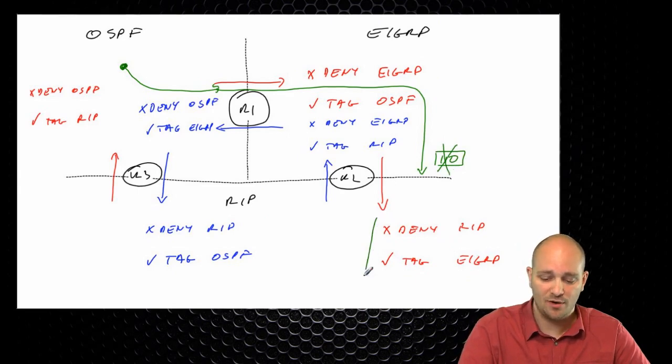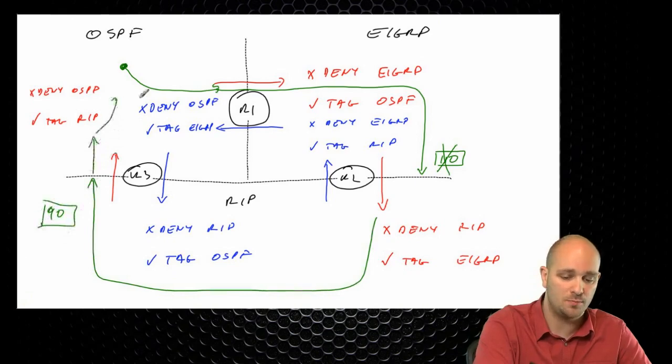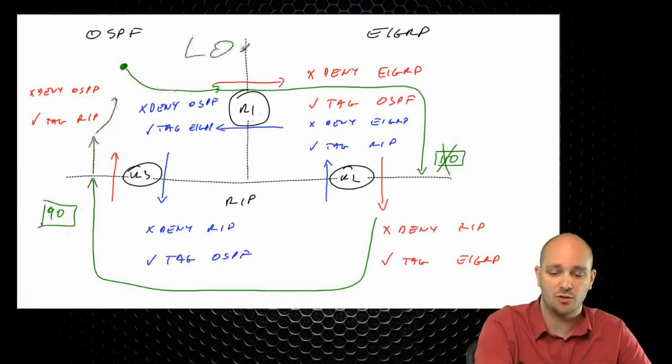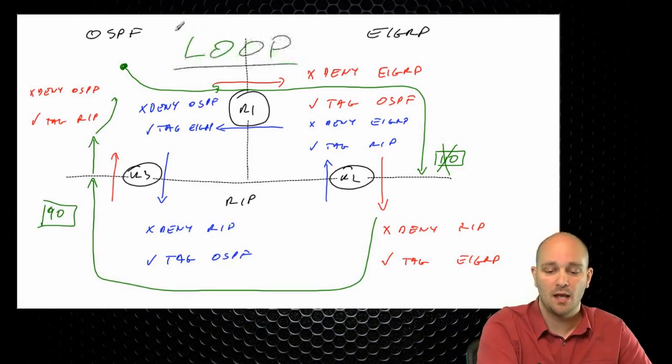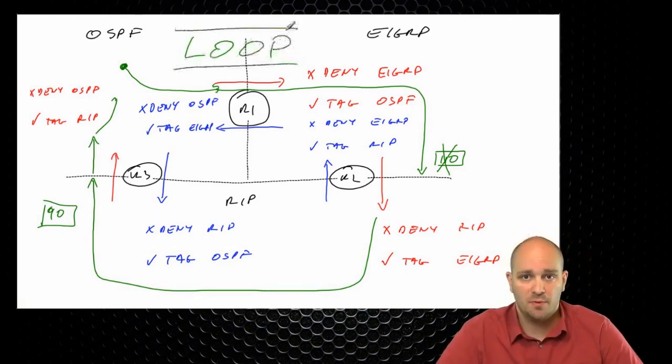That means that this route now arrives at this redistribution here with the tag of, let's say, 90, which means that this route is now going to make its way back into OSPF domain, and I have actually created a loop. So the logic that worked like a charm for me just before has now failed miserably.